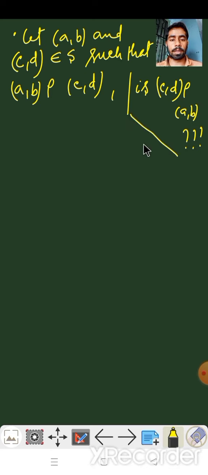Now I will show why this is true, because now we are checking whether CD is related to AB or not.